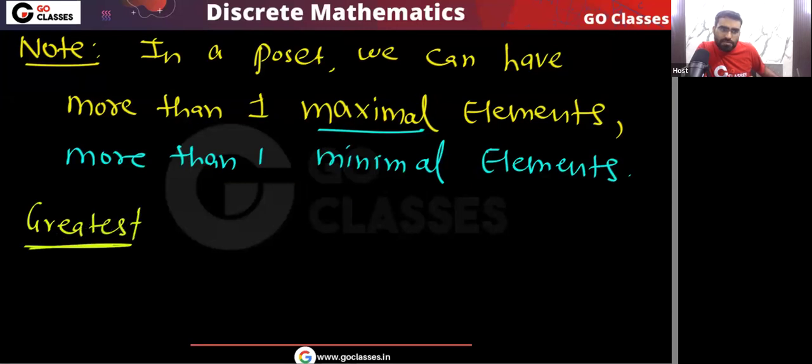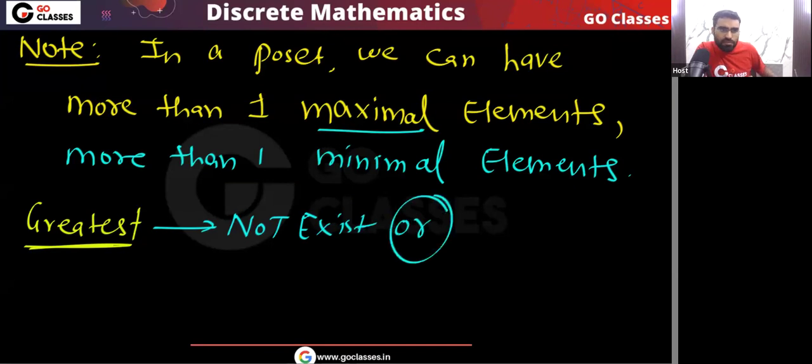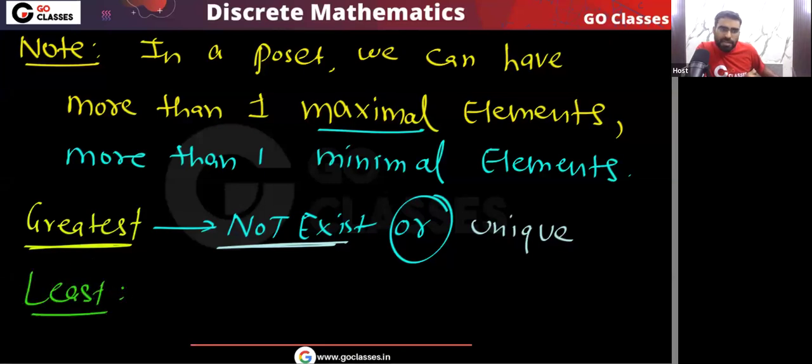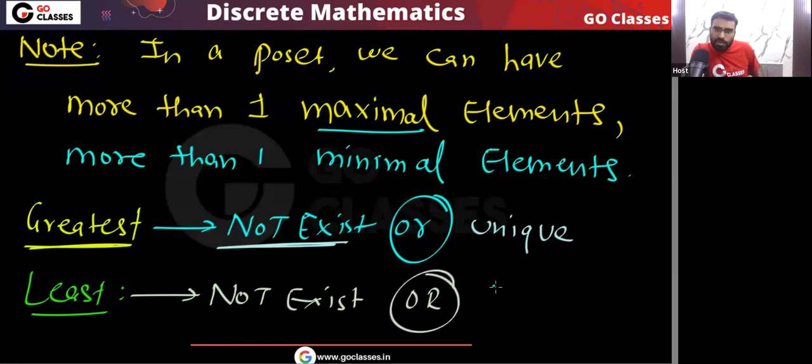What about the greatest? See, please understand, either it will not exist, or it will be unique if it exists. Okay, is this clear? If it exists, it will be unique. Similarly, least element, in all the examples we have seen, either it will not exist, or if it exists, then it will be unique.